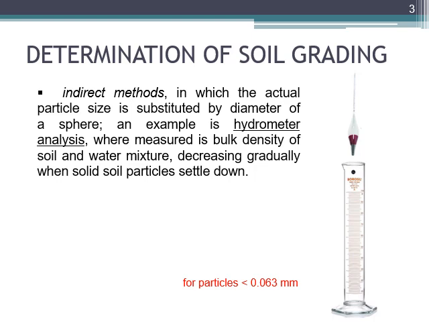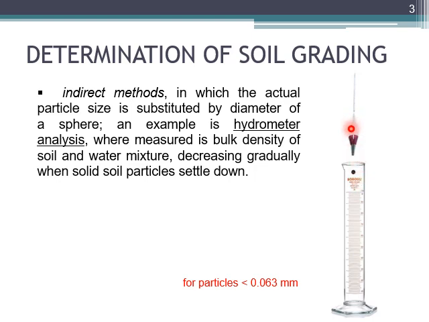One of the examples is a hydrometer analysis. In all these methods, we are substituting the particle size by the diameter of some sphere. In the hydrometer analysis, we are using a tool looking basically like this, of such a torpedo shape, and we are introducing that into a soil water solution, which is poured into a glass cylinder.